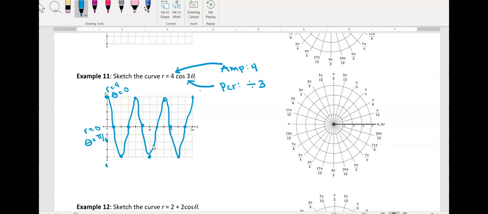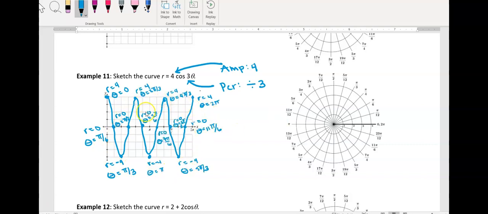This one down here, R is equal to -4, and our angle is pi over 3. And then this fourth point, R is equal to 0, and our angle is pi over 2. So take a moment and finish labeling each of these points.